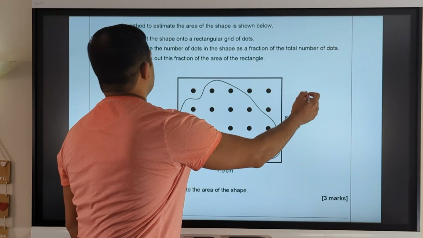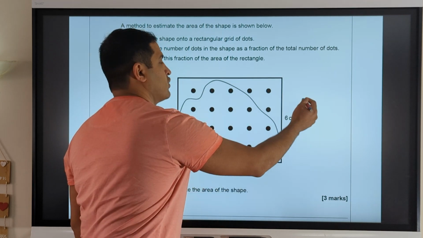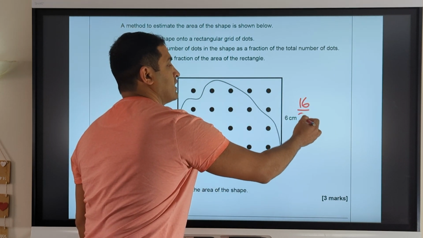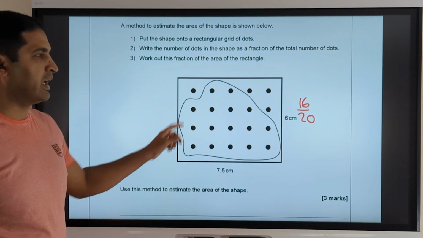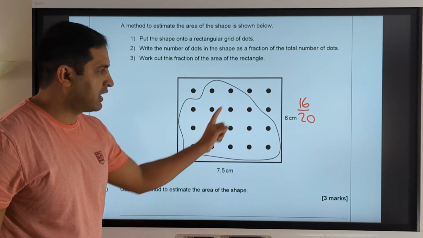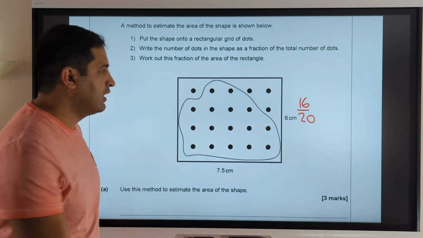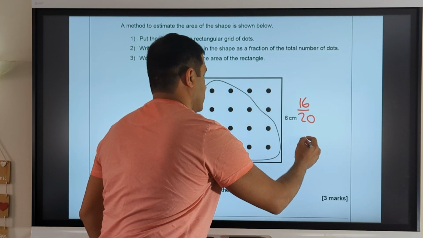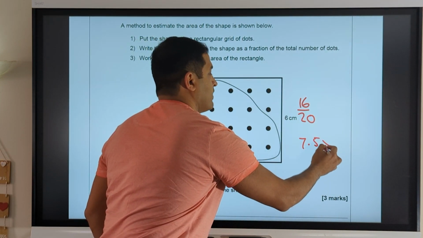That's the first part we're doing. We're putting the dotted sheet on there and saying it's 16 out of 20 dots that have been covered by the area. And then we're saying, okay, work out that fraction of the area. So the area of the rectangle would have been 7.5 times 6.